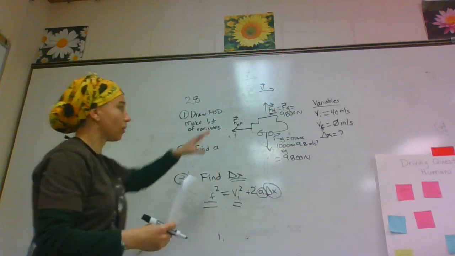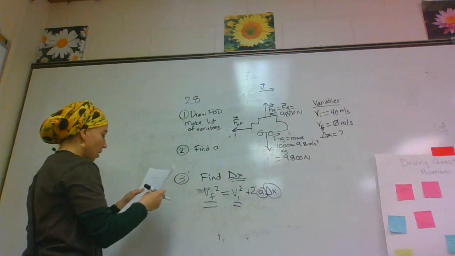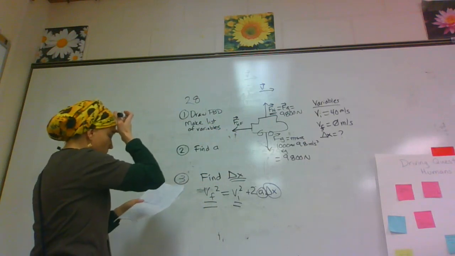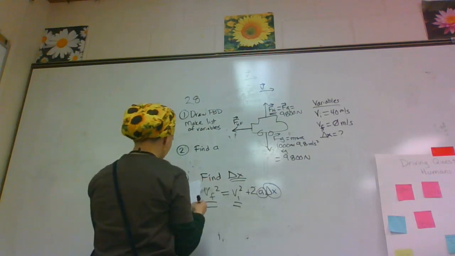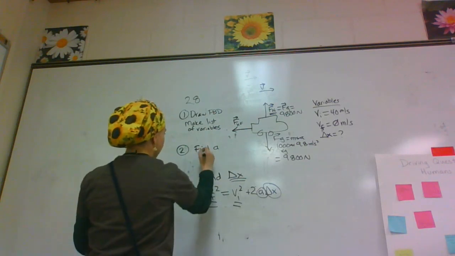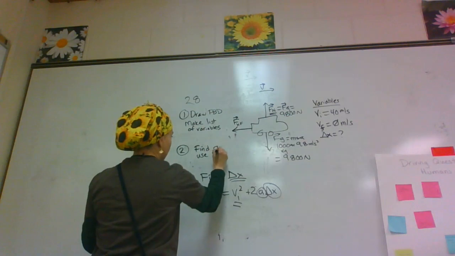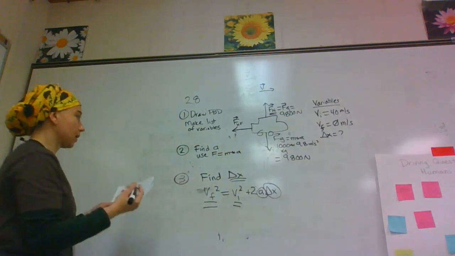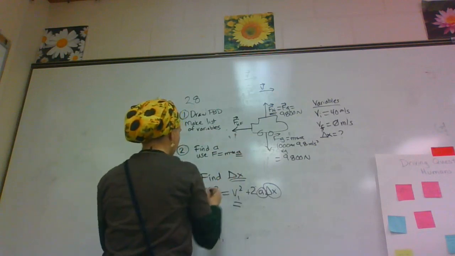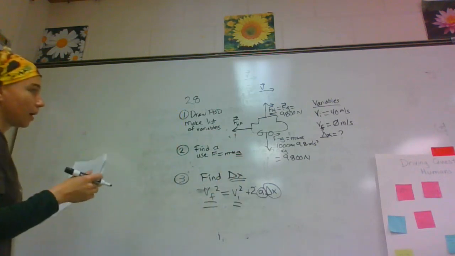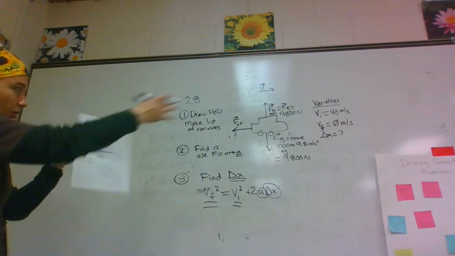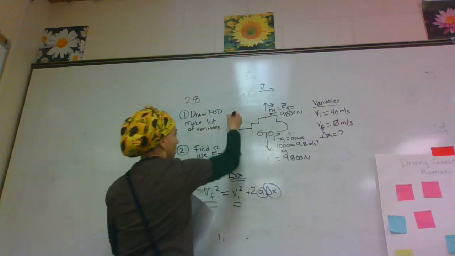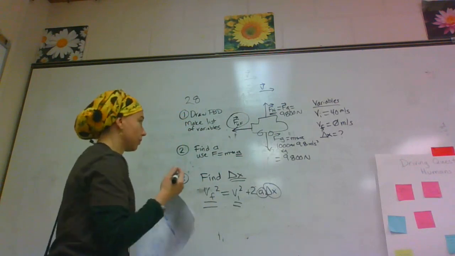And generally, when we go from the free body diagram to acceleration, we're thinking about F equals m times a, Newton's second law. I can calculate acceleration using this. But my acceleration is in the horizontal direction. So what force is in the horizontal direction? It's my kinetic friction force.